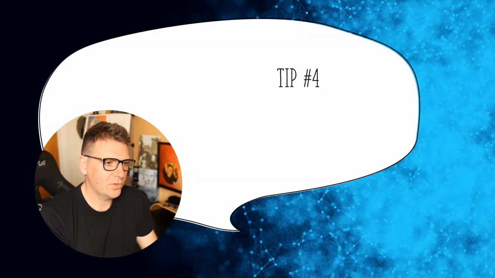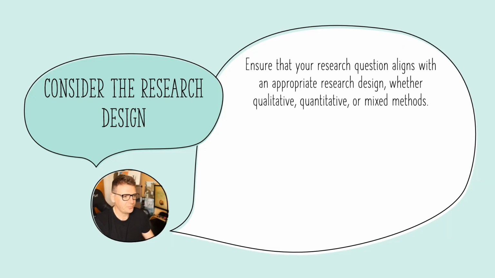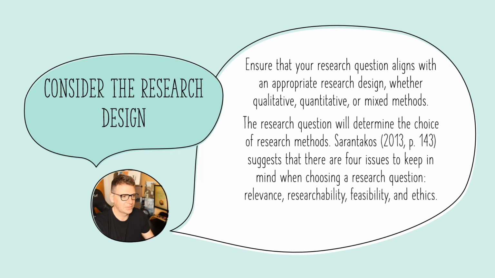Tip number 4, consider the research design, okay? And we can see here in this lovely speech bubble, I put a lot of thought into, we can see that you should ensure that your research question aligns with an appropriate research design, whether it's qualitative, quantitative, or mixed methods, okay? Research question will determine the choice of research methods.